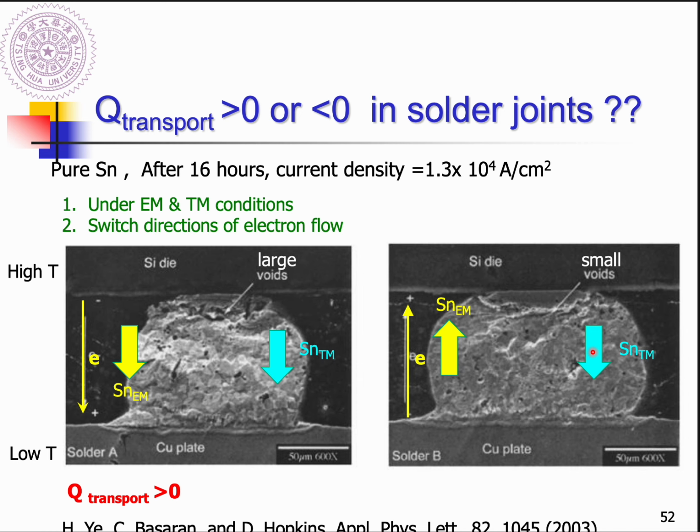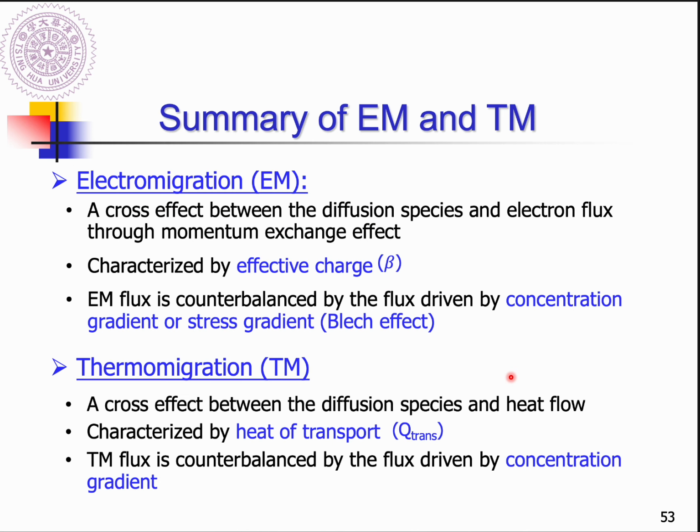It's very difficult to avoid them, especially when the line width of the interconnector decreases to several nanometers in semiconductors. So why don't we just allow them to have the same value but opposite direction to totally counterbalance each other, to reach a net flux equal to 0? So this will be the new idea for designing materials for solder bond, right?